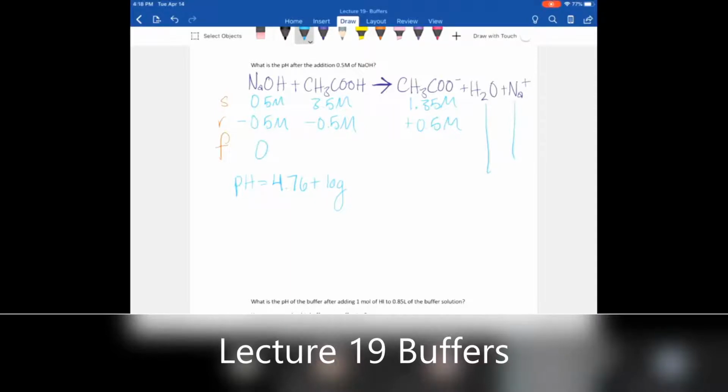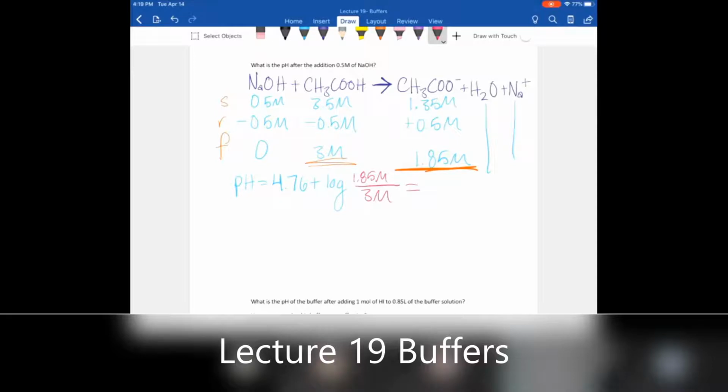So 3 molar and 1.85 molar. So log of your base over your acid. So 1.85 molar over 3 molar.